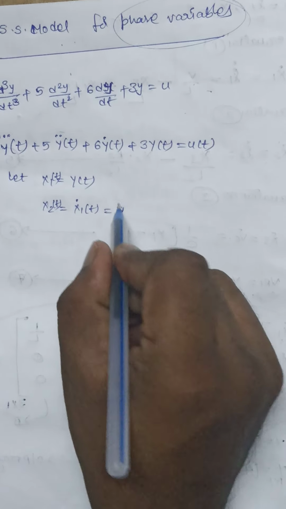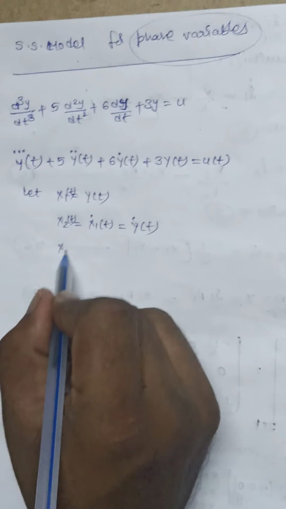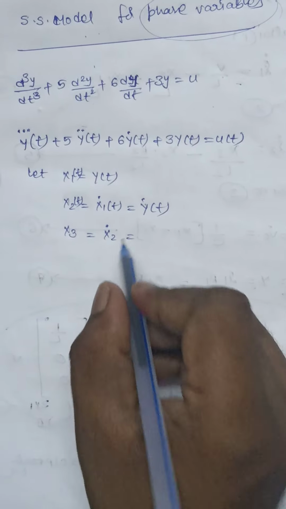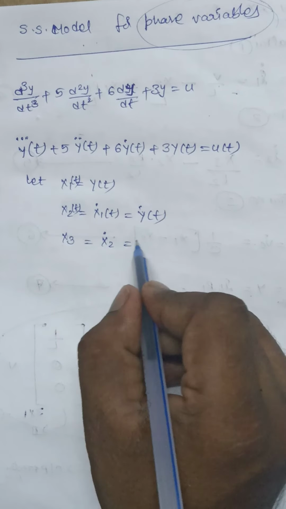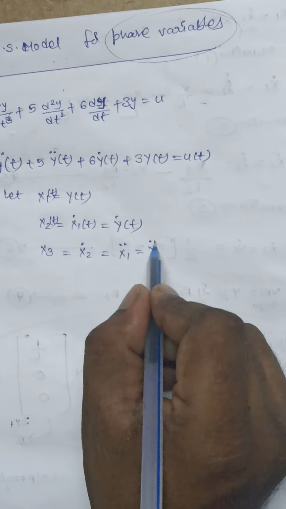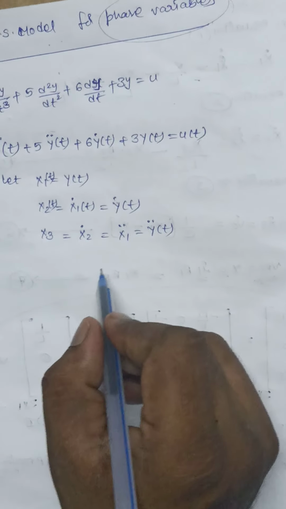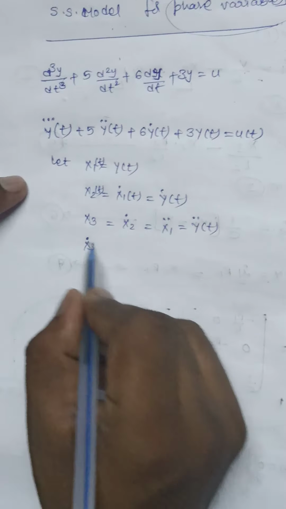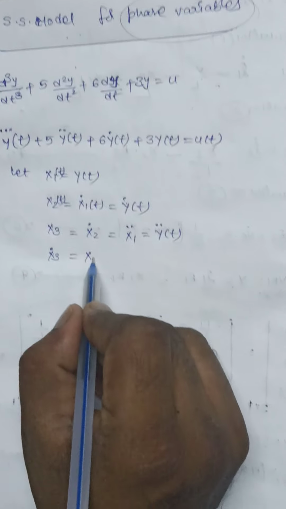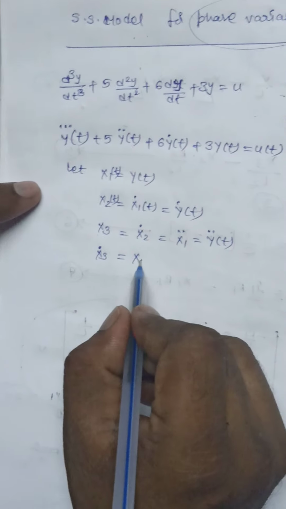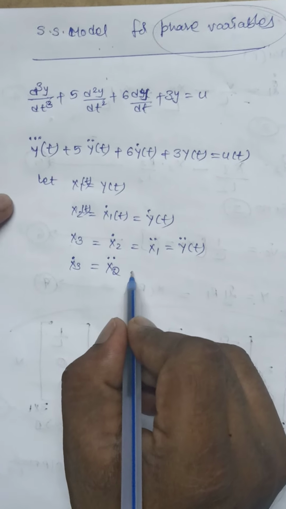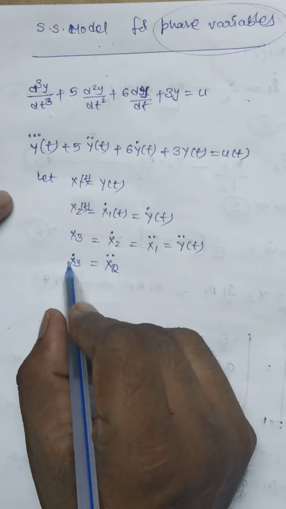And x3 is equal to x2 dot of t, that is equal to x1 double dot, that is equal to y double dot of t. Next x3 dot is equal to x2 double dot, or it is not required.